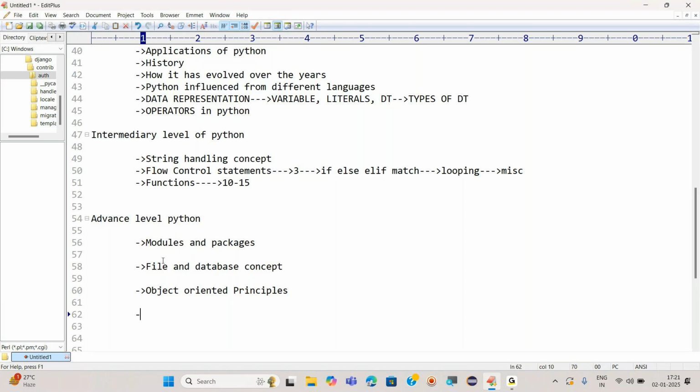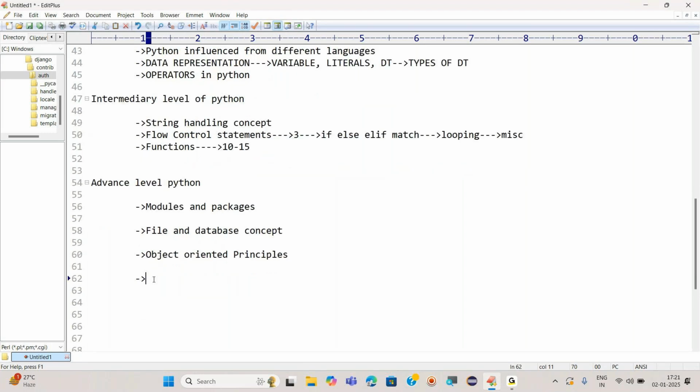Along with this, we'll also be seeing regular expressions. After regular expressions, we'll be seeing third party libraries, like NumPy, Pandas, and Matplotlib.